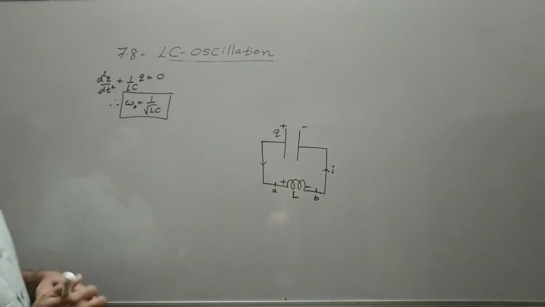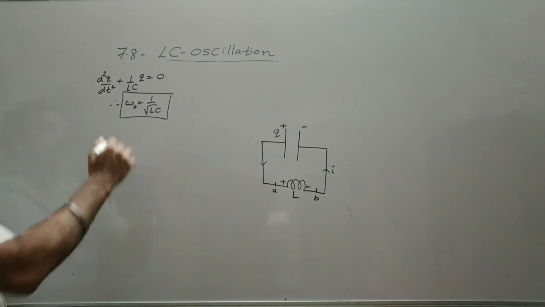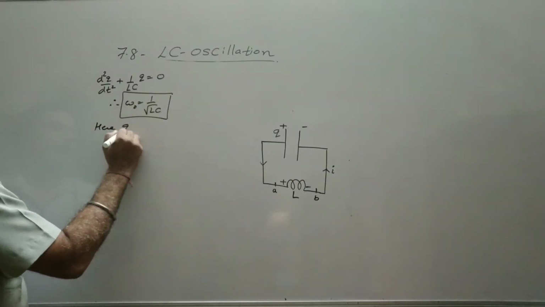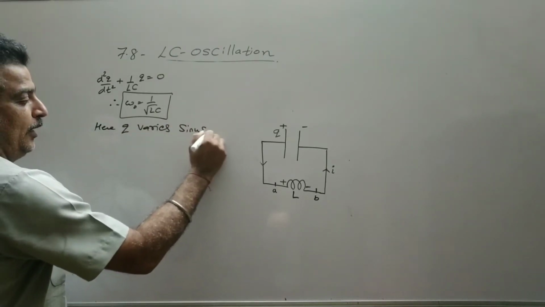Now let us find out the solution of this differential equation. Now we know that the charge will oscillate between C and L. So Q should be a function that varies sinusoidally.